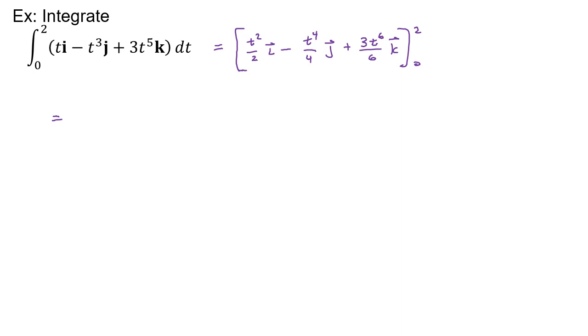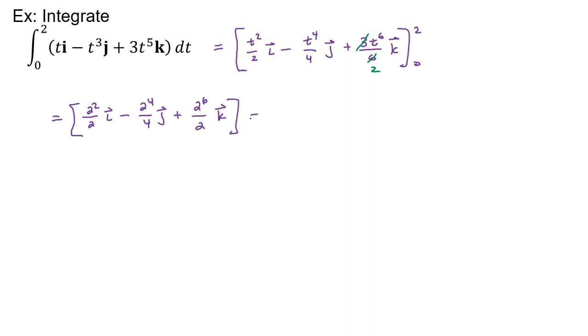If I plug in 2, I'll end up with 2 squared over 2 i minus 2 to the 4th over 4 j. And the 3 over 6 makes a half anyway, so I'm going to simplify this and make this 2 to the 6th over 2 k.